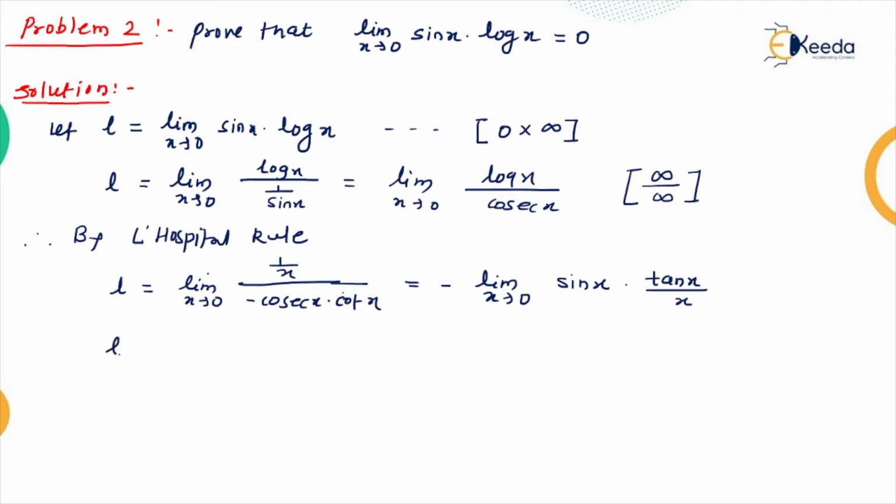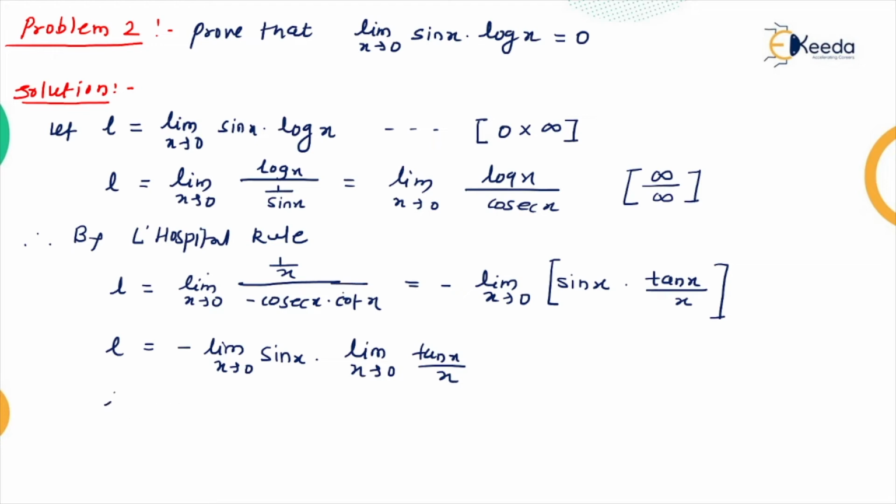Therefore L is equal to minus the limit as x tends to 0, and we operate the limit on both functions here. So it is sin x into the limit as x tends to 0 of tan x upon x, and you know the formula: the limit of tan x upon x is 1.